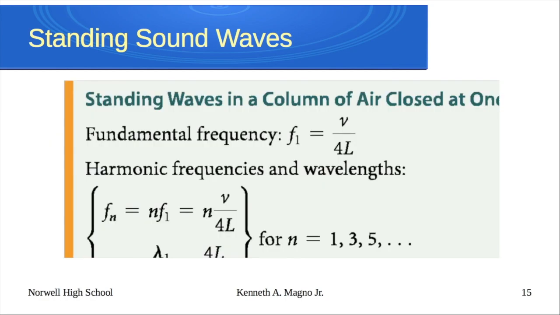And we follow this pattern, and I find out the fundamental frequency was v over 4L, and that any of the harmonics that I produce are integer multiples n of that fundamental. But I can only hear the odd ones. I can only hear 1, 3, 5, 7, 9, and so on. I would never hear the even harmonics because you can't have a node at the open end. You can only have an antinode at the open end.